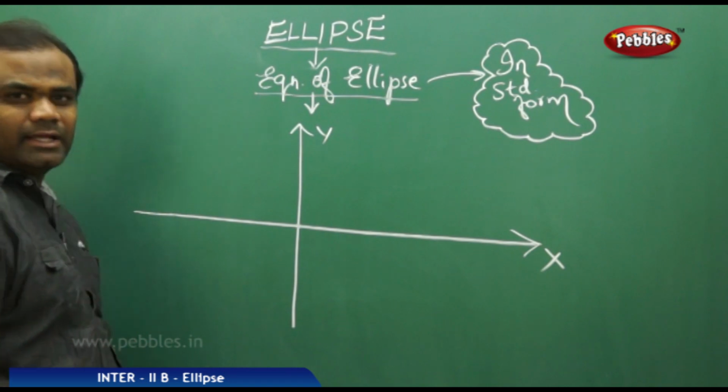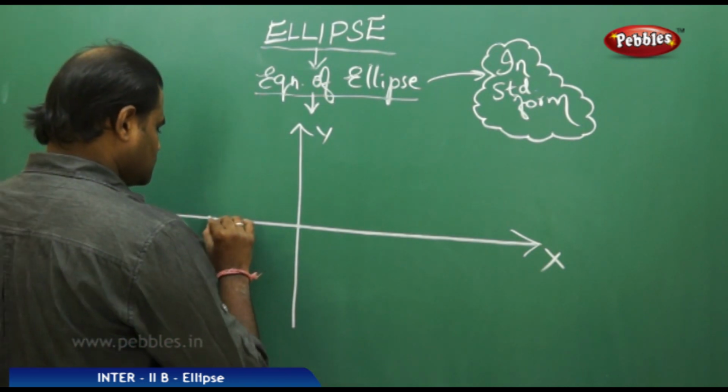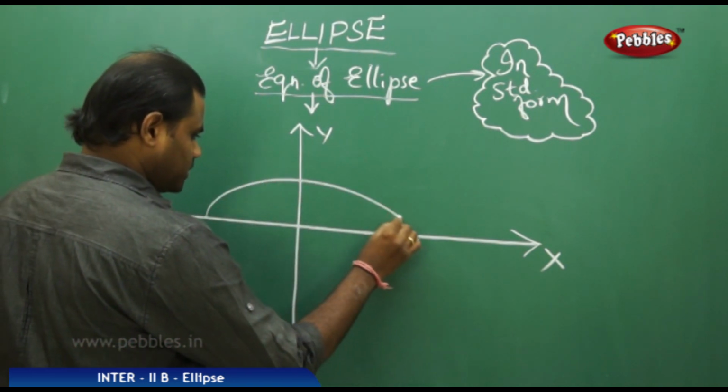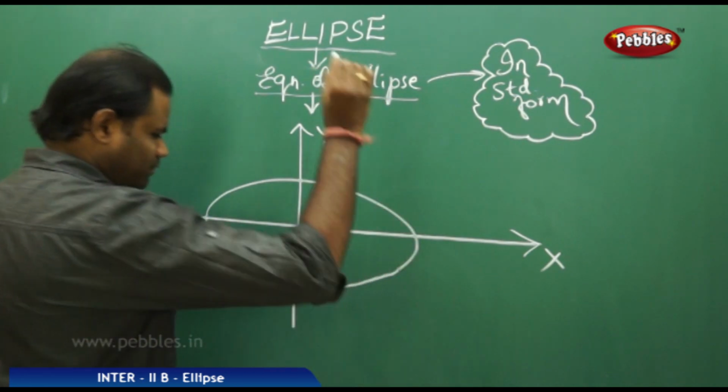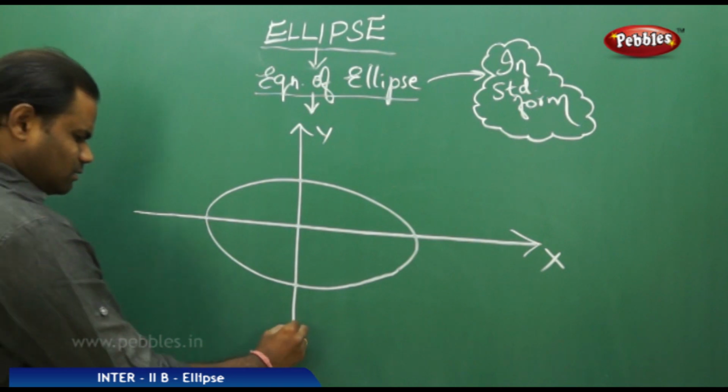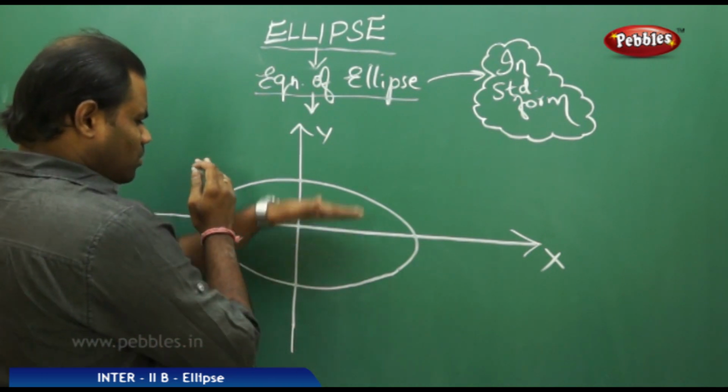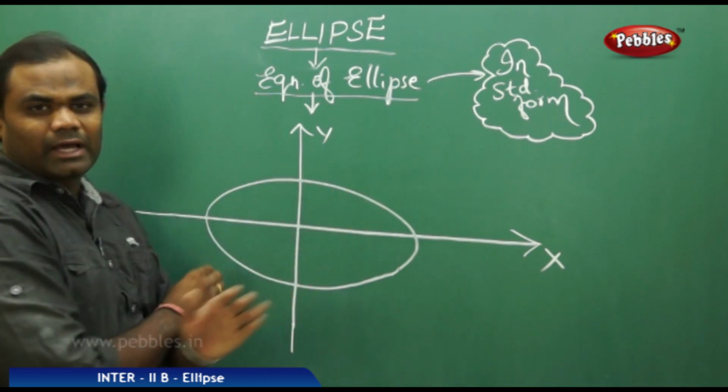Now we know that an ellipse is generally an oval-shaped structure in this form, which is exactly symmetric about the x-axis and y-axis.